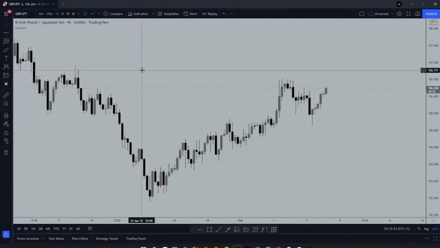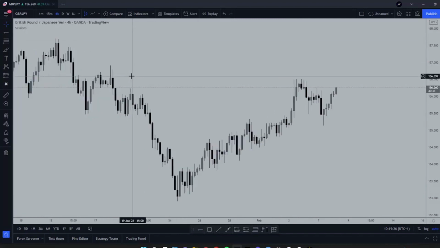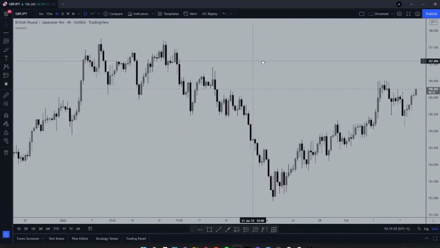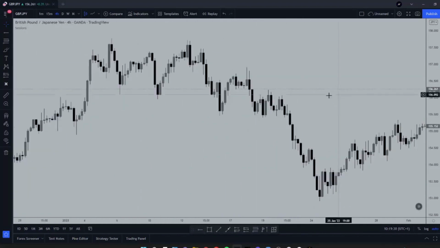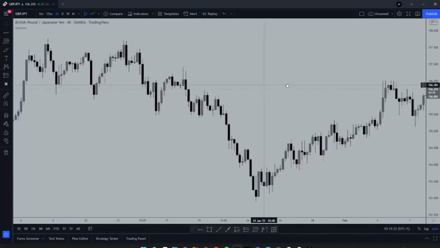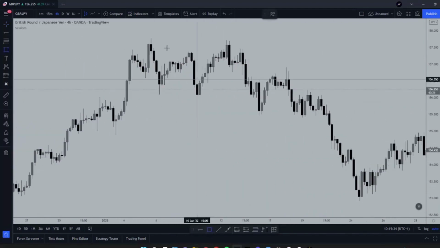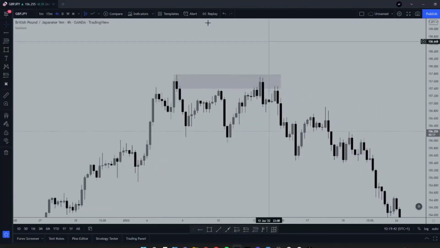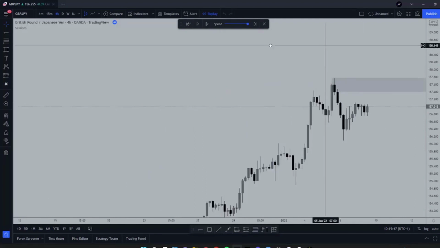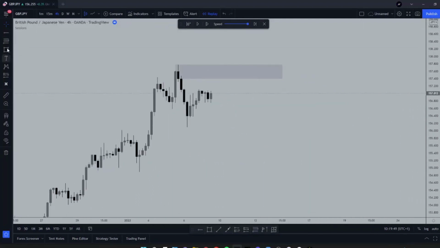Okay, and let's take a look at a 4-hour zone that played out. Let us take a look at this supply zone right here. Okay, so we know that in terms of analysis, we need to see a break of structure first, which is what we saw.